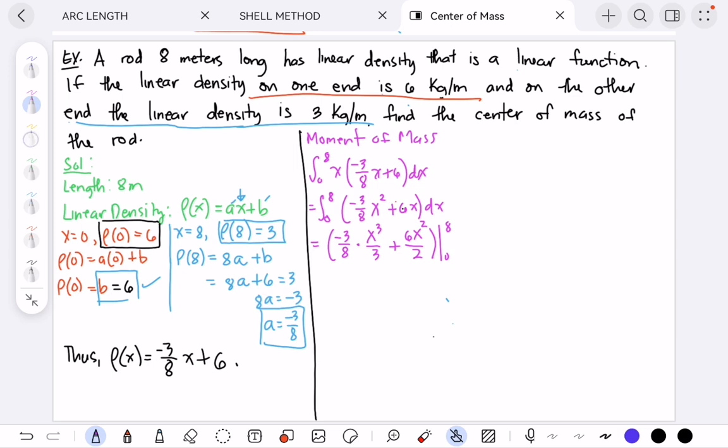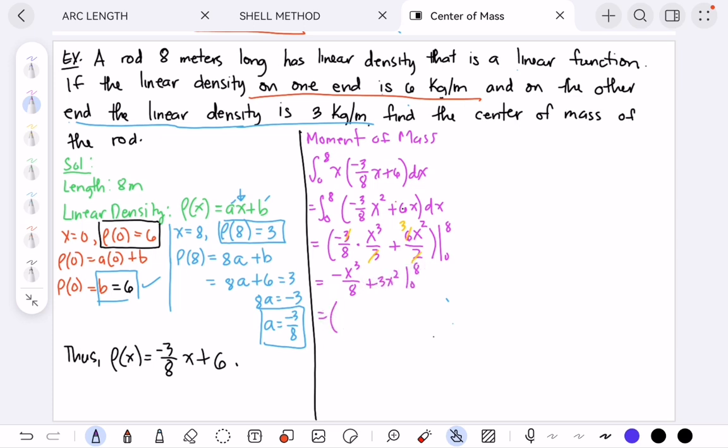Let us simplify first here. First, I have a 3. And then here, 6 divided by 2 is 3. Therefore, we have negative x cubed over 8 plus 3x squared, evaluate from 0 to 8. Now, we're ready to evaluate.